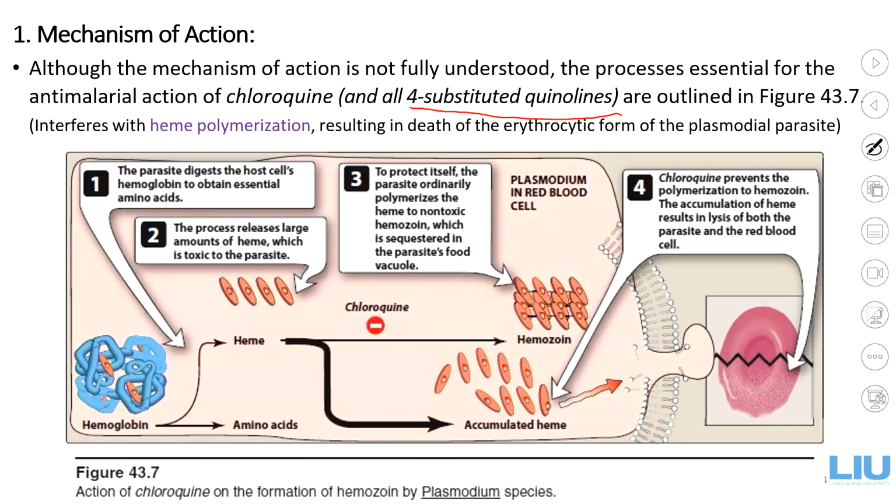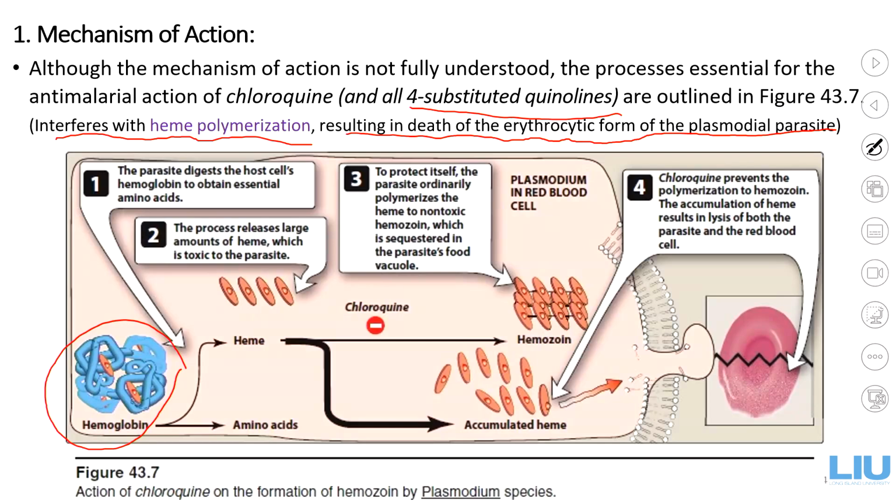the short description for the mechanism of action is that it interferes with heme polymerization, resulting in death of the erythrocytic form of the Plasmodium parasite. What does that mean? So apparently, when this parasite, this protozoa, attacks the red blood cells, it actually consumes hemoglobin. You guys remember hemoglobin from your biochemistry? It's like a tetramer of four different proteins attached to each other, and inside each one of them there is the heme structure, iron with the heme molecule, and each one of these 4 units carries an oxygen molecule.